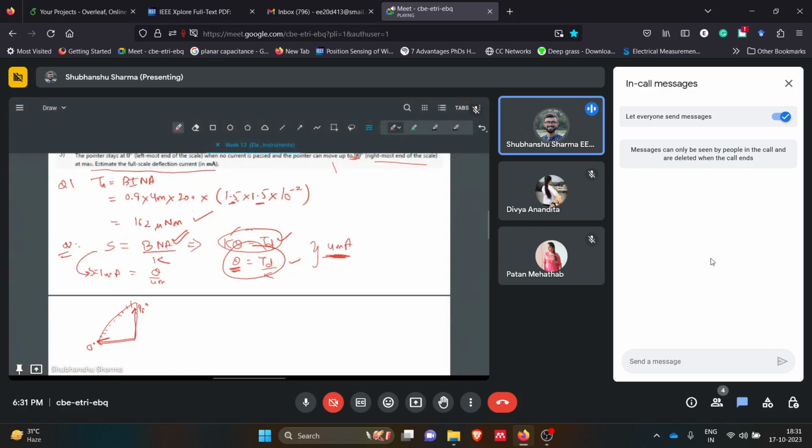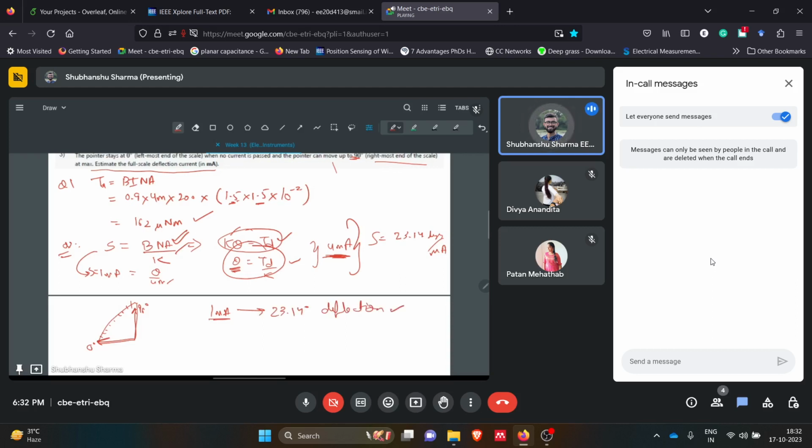We know that the sensitivity, if we calculate by either of these formulas, comes to 23.14 degree per milliampere. So for 1 milliampere we are getting 23.14 degrees of deflection.